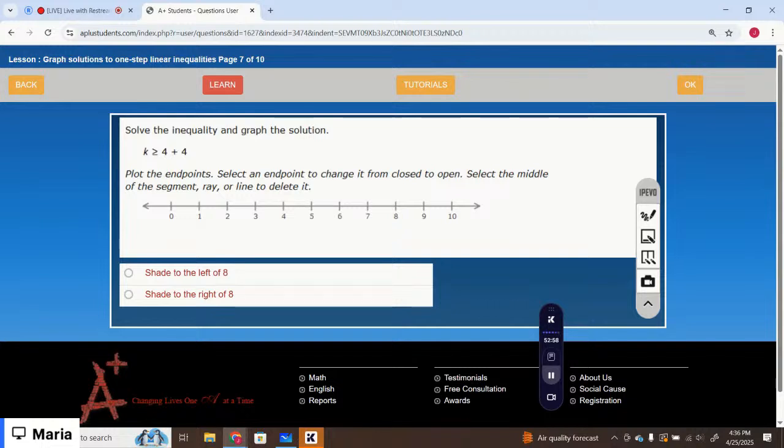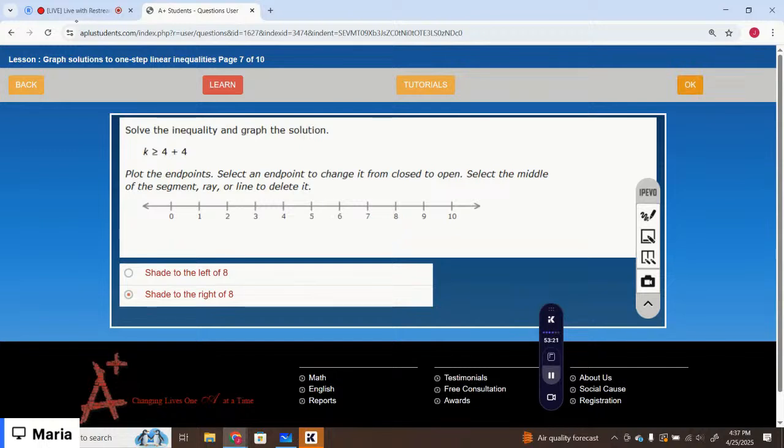Solve the inequality and graph the solution. K is greater than or equal to 8. So shade to the right of 8.